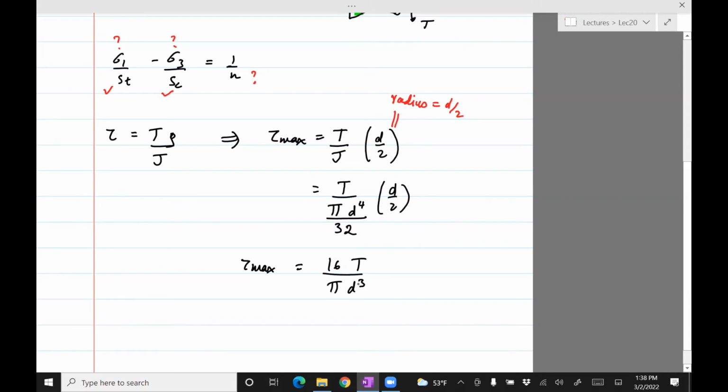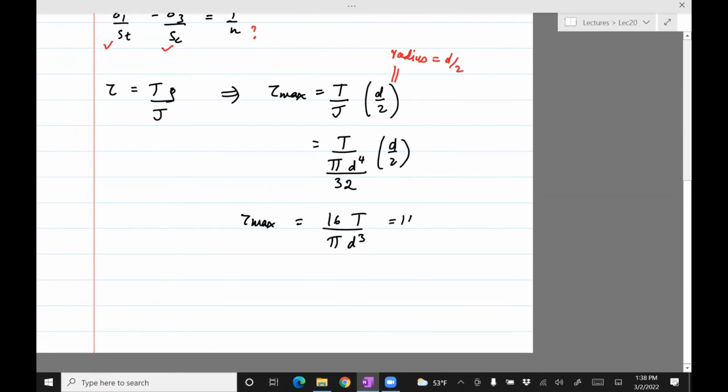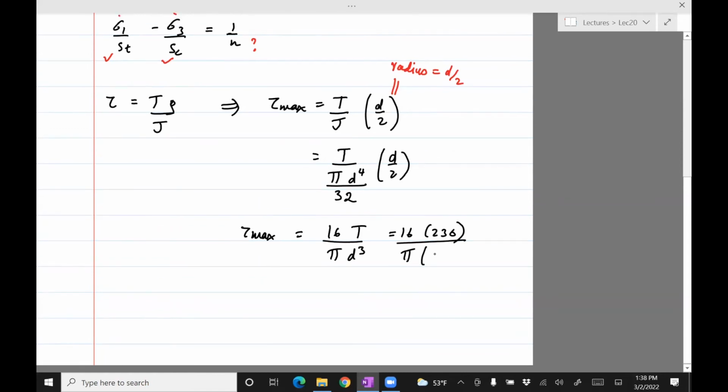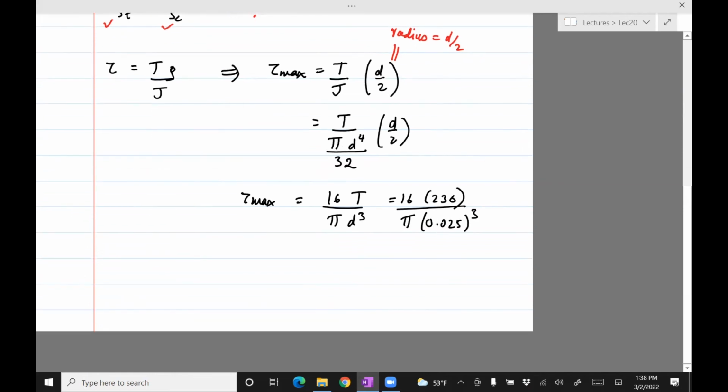Okay, so there we are, 16 times 230 divided by pi times the diameter, which is 25 millimeters. So 25 millimeters divided by 1,000 to get meters, 0.025. It comes out to be 75 MPa.